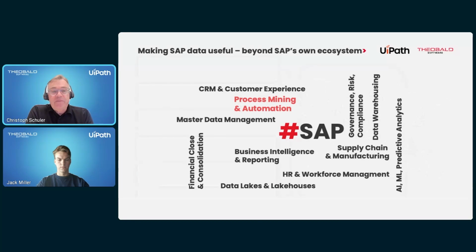Customers also need SAP data to power their AI, machine learning, or predictive solutions. And SAP data plays a critical role in financial close applications, supply chain applications, and many others. Today, we will focus on the role of SAP data in process mining and automation solutions. And one of the leading vendors in this space is UiPath. So with that, I'll turn it over to Jack to talk a little bit about UiPath and their solutions.